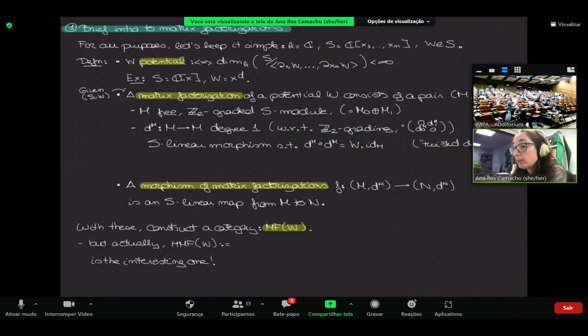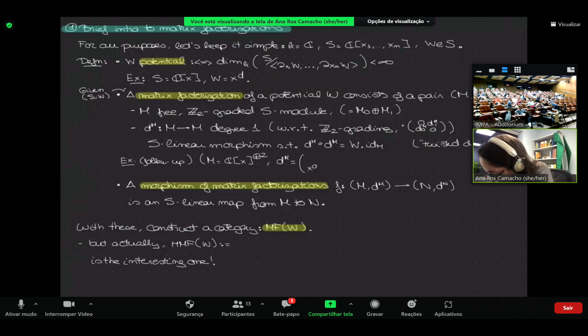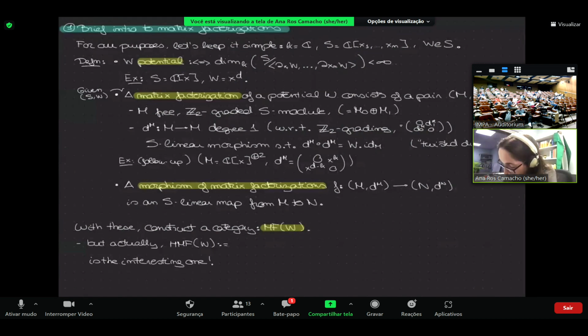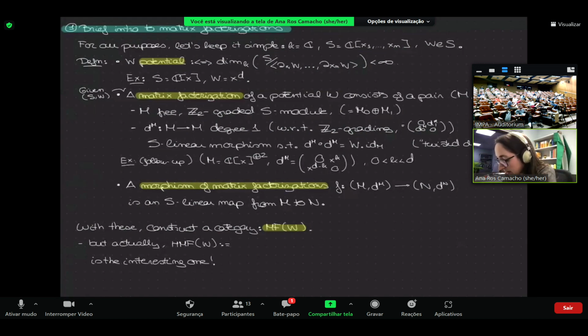And let me just follow up with the example from before. A proper matrix factorization of this potential will be the matrix factorization given by 2 copies of my base ring, and the twisted differential is going to be a 2 times 2 matrix of this shape, where I'm taking k to be different from 0 and d to avoid the trivial matrix factorization.